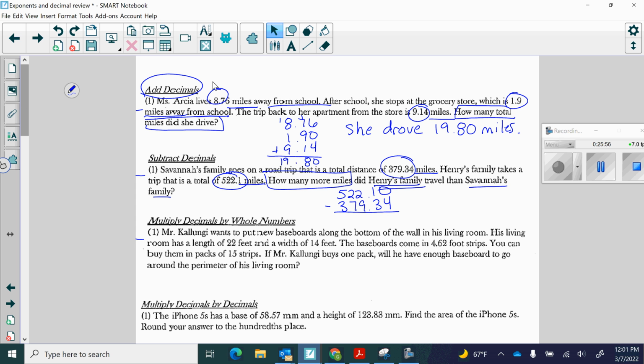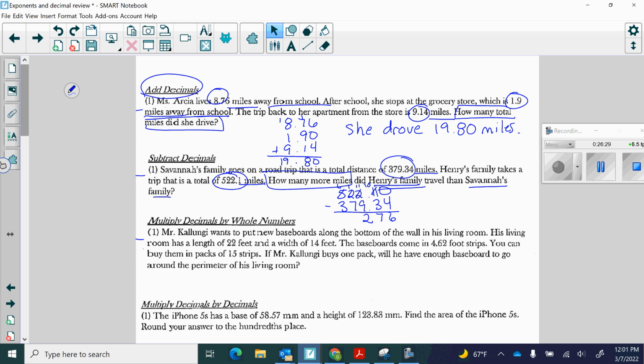So now I have 0 minus 4. Can I do that? No. So I borrow from the 1. It becomes 0. This becomes 10. 10 minus 4? 6. 0 minus 3? Can't do it. So I borrow. 10 minus 3? 7. 1 minus 9? Can't do it. That becomes 1. This becomes 11. 11 minus 9? 2. 1 minus 7?